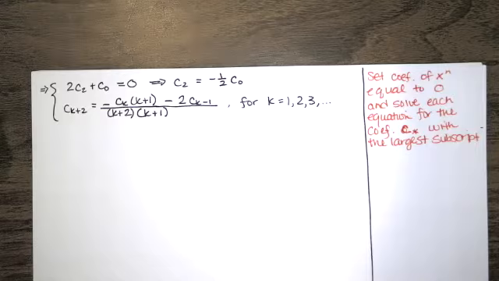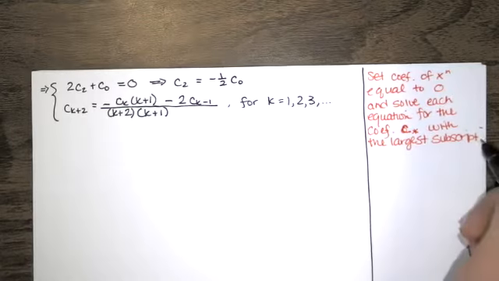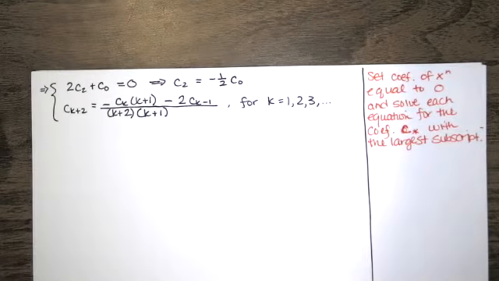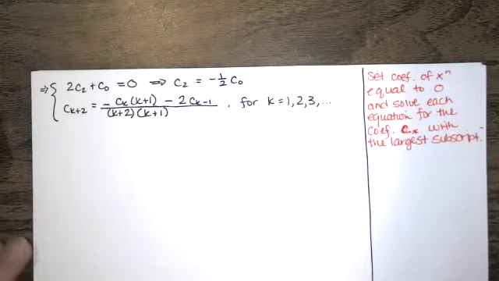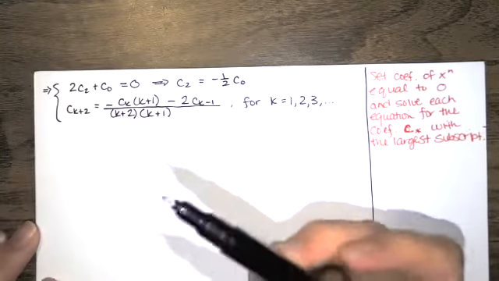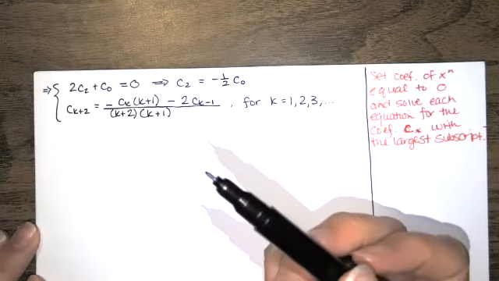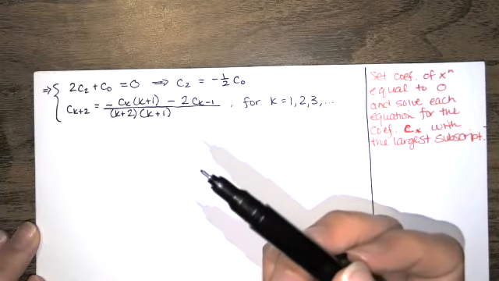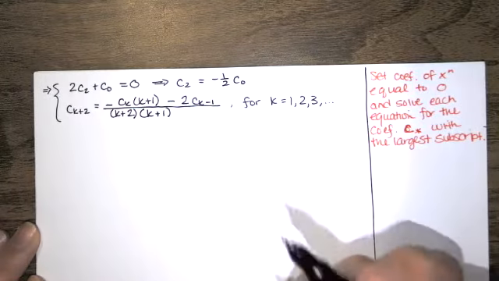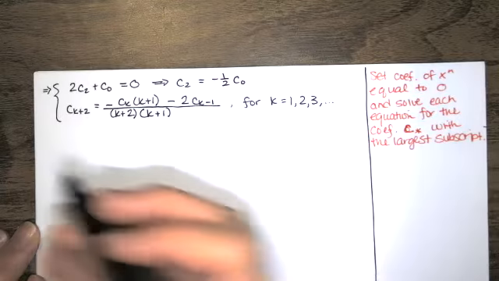And since we have written every coefficient in terms of coefficients before it, we can simplify each of those as much as possible. That's why we've got to solve for the one with the largest subscript. So we already know that c sub 2 is negative 1/2 of c sub 0. We need to find 2 more that depend on c sub 0. And then we need 3 more coefficients that depend on c sub 1.